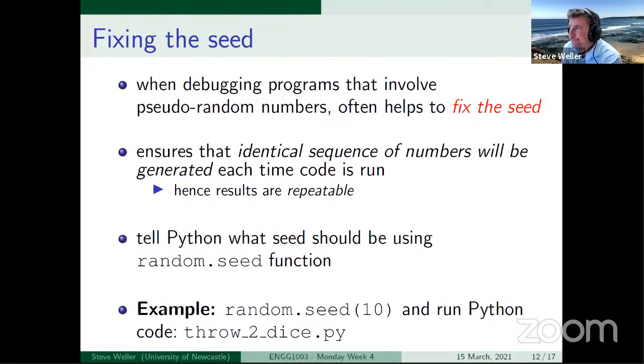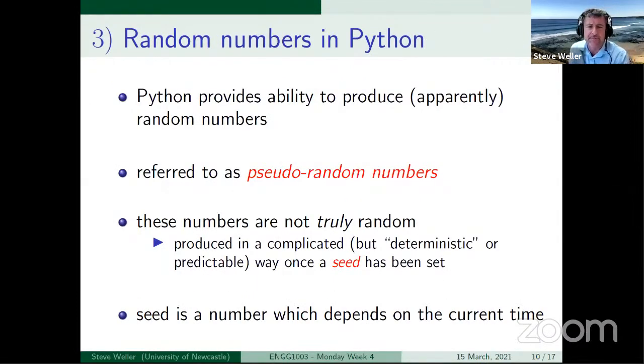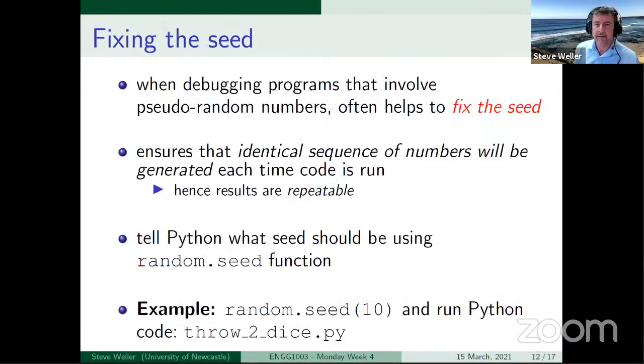Now, I talked about this seed before. Remember, the seed was the way in which the algorithm embedded in the Python language is generating these random numbers. And the seed's a number which depends on the current time.